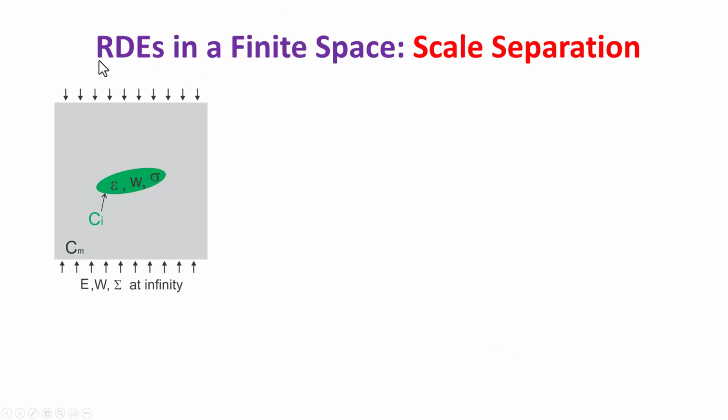The issue of RDEs in finite space is dealt with by the condition of scale separation. Of course, Eshelby's solution requires that the inhomogeneity is embedded in an infinite matrix. In reality, we would like to deal with the relationship between the local fields, the partitioned fields, and the boundary conditions at the representative volume element scale.